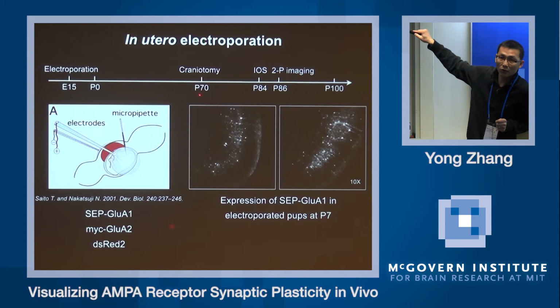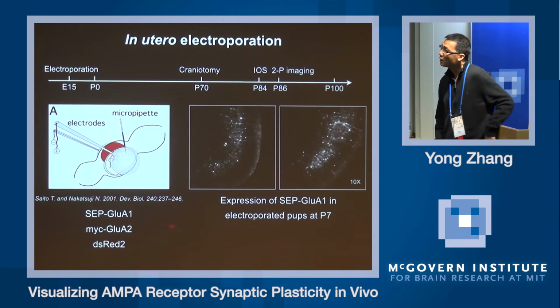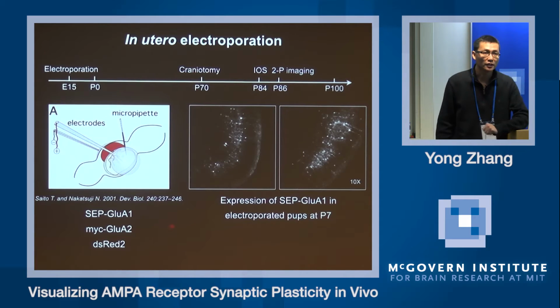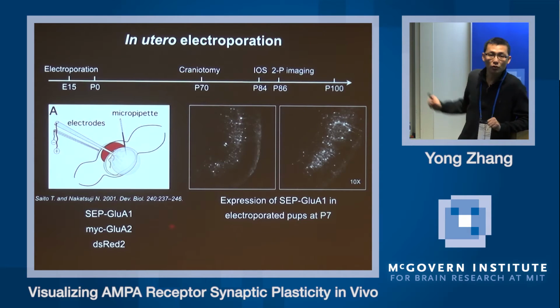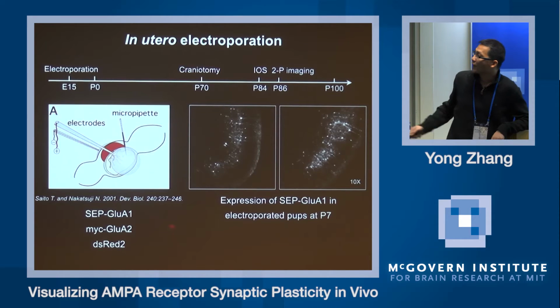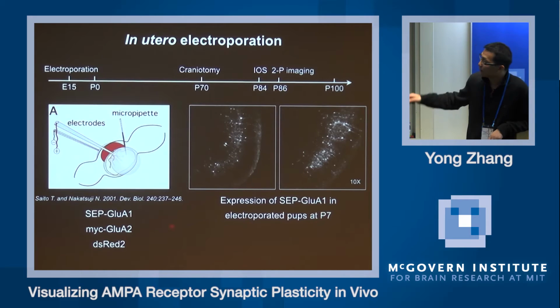When they reach young adulthood, we do craniotomy. Then we give the animal about 2 weeks to recover from surgery before we start two-photon imaging. Another nice feature of this method is that it is construct-based, so we can include multiple constructs at the same time. In the following study I'm going to present today, we are transfecting SEP-tagged GluA1, mCherry-tagged GluA2, and a morphology marker, DsRed2.